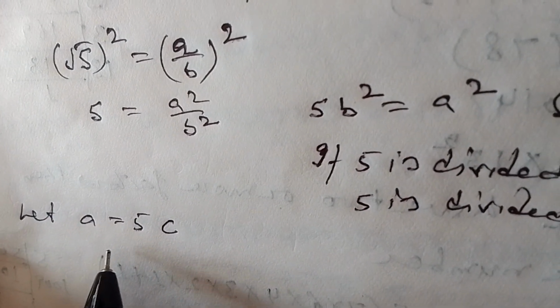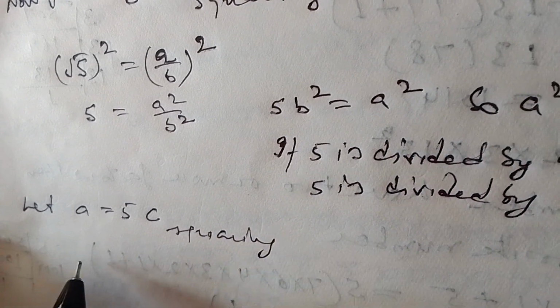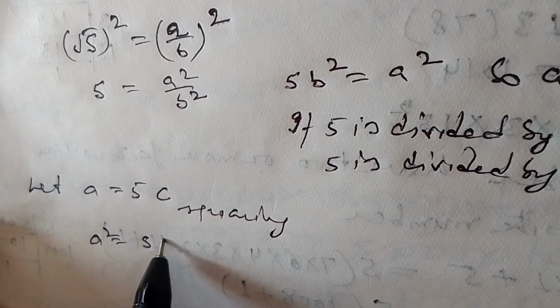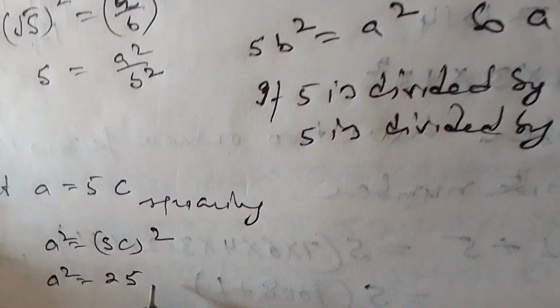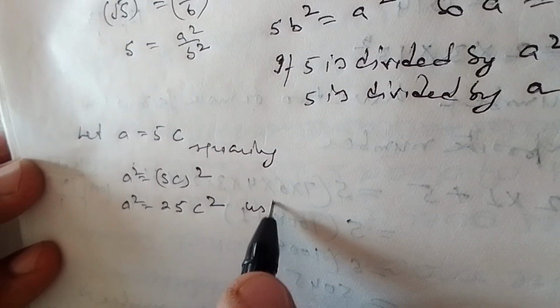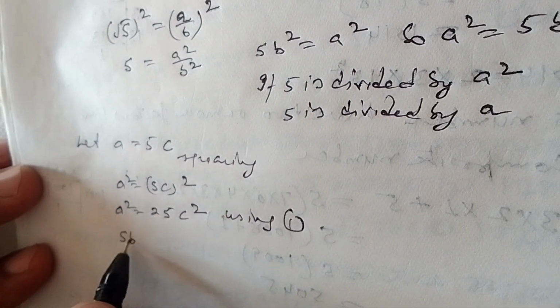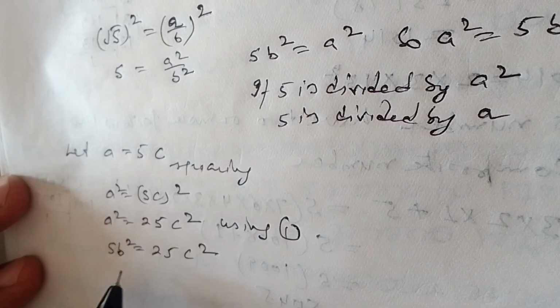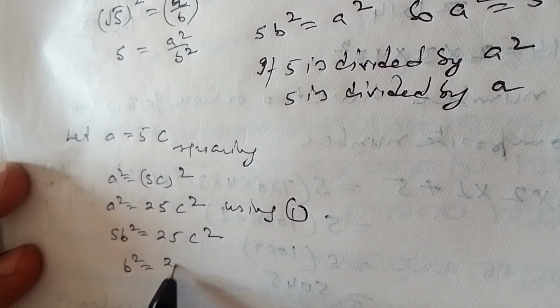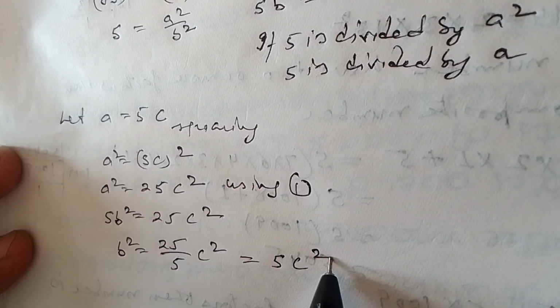So squaring, a square is equal to 5c whole square, it becomes a square is equal to 25c square. We know that using equation 1 we have calculated 5b square is equal to 25c square. So b square comes out to be 25 divided by 5, c square, which is equal to 5c square.